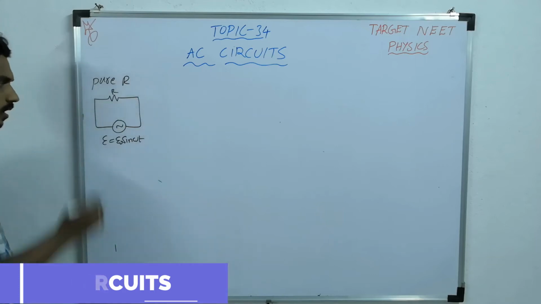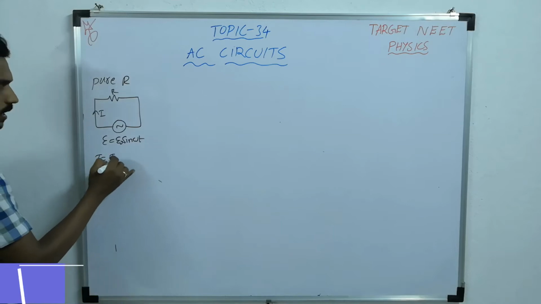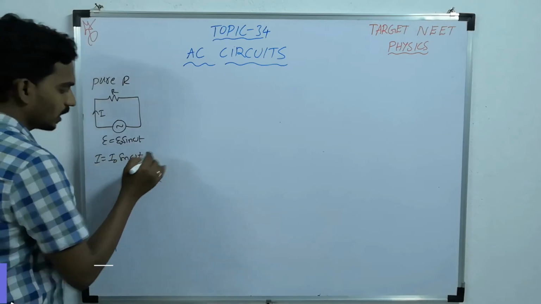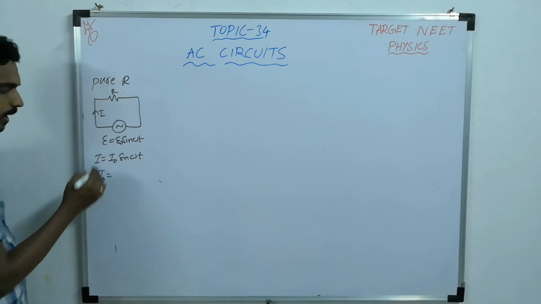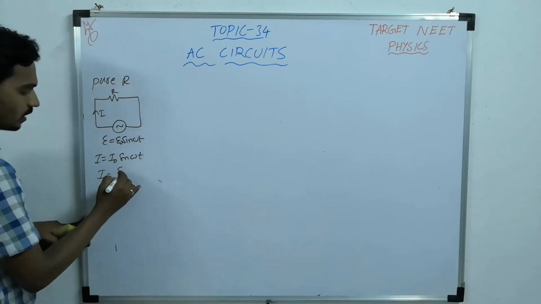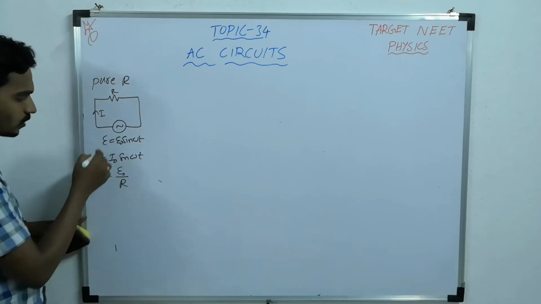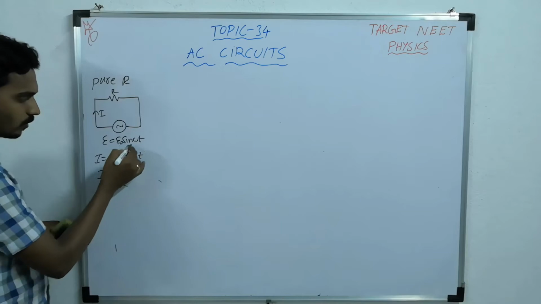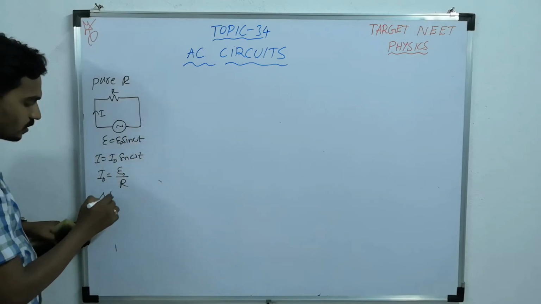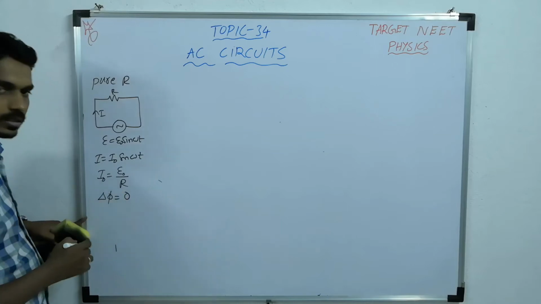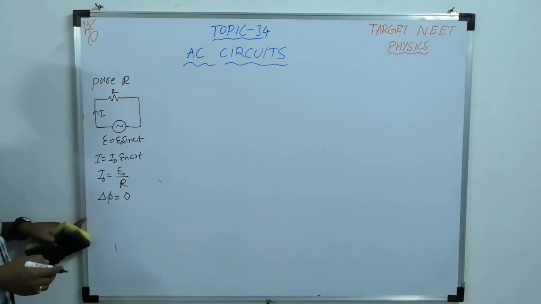What happens is you will get one alternating current, I naught sin omega t, where I naught is the amplitude, the maximum current in the circuit, that is epsilon naught by R. If you compare the two, here also sin omega t, here also sin omega t. So the phase difference between current and voltage is 0. Both are in phase.